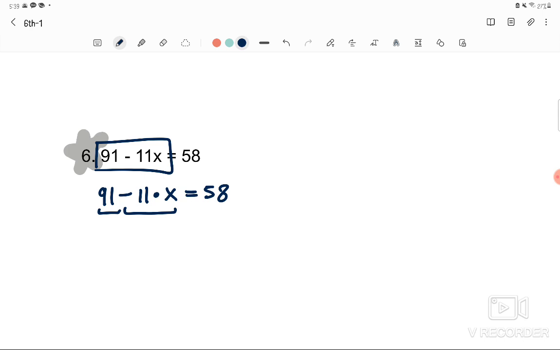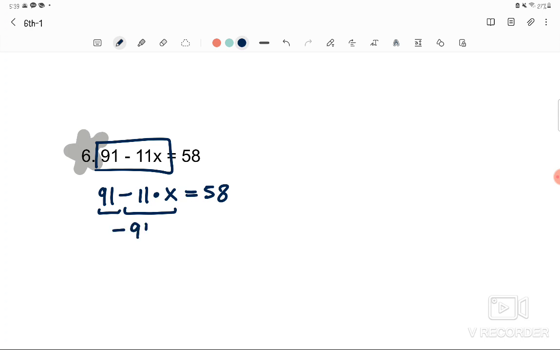And if there's multiplication, you have to subtract or add first. What I mean by that is you can't just divide 11 on both sides because there's 91 left. So if there's multiplication like this on one side of the equation, you have to subtract or add first.